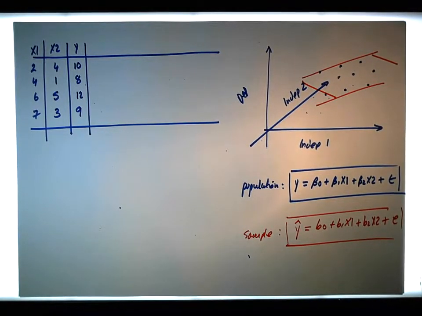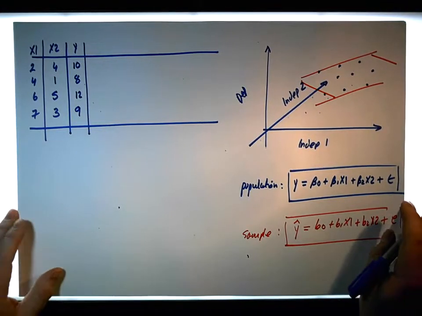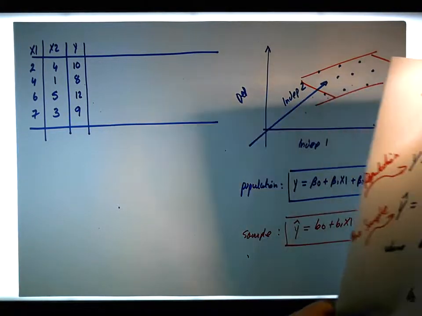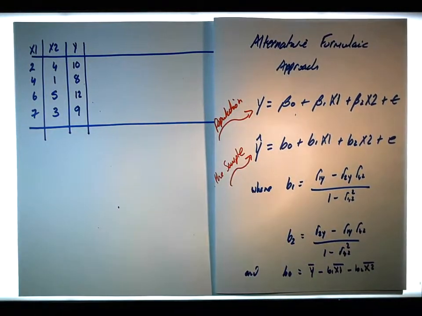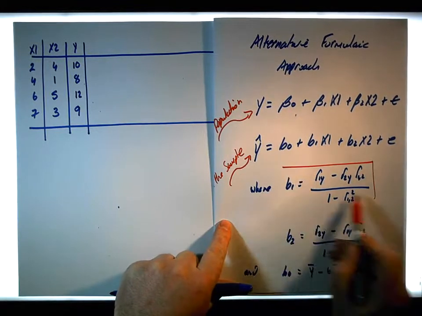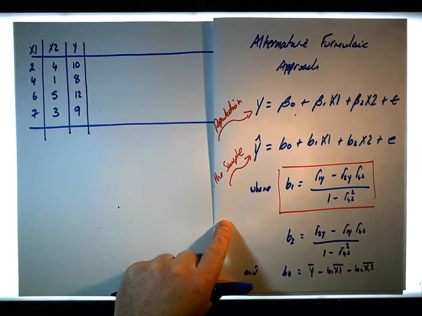The way we're going to do it is we're going to use our correlations. So just keep in mind, from the alternative formula perspective, B1 is just a set of correlations that we need to calculate.